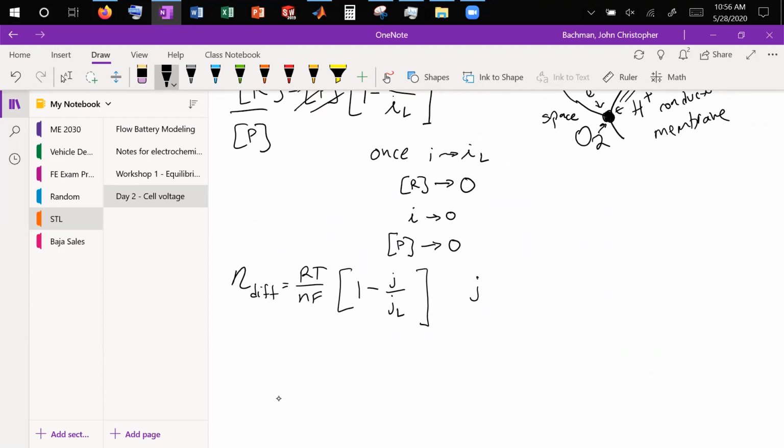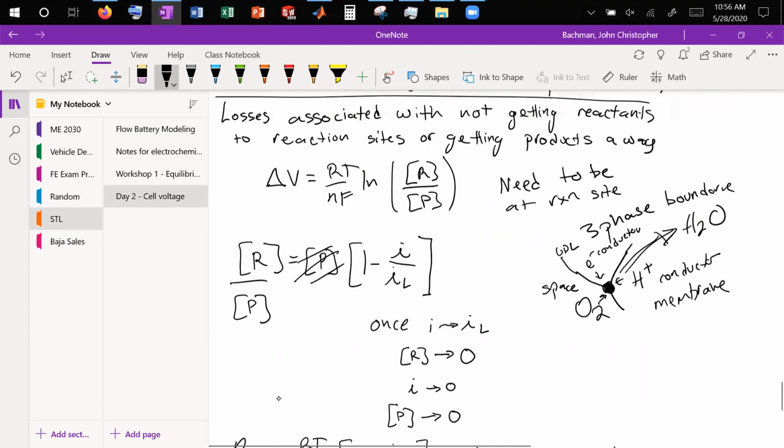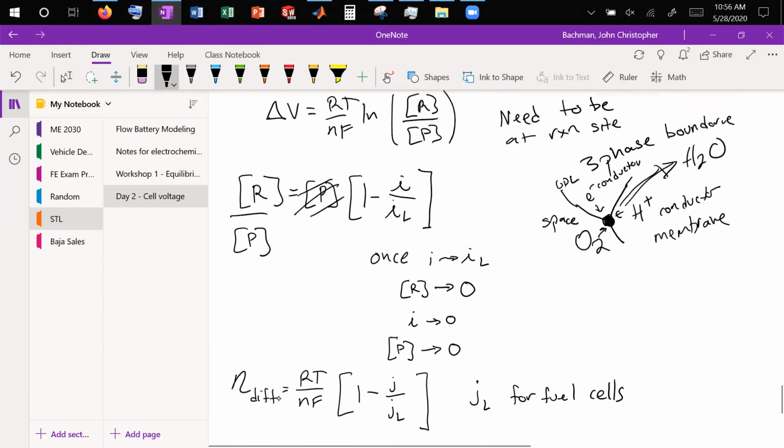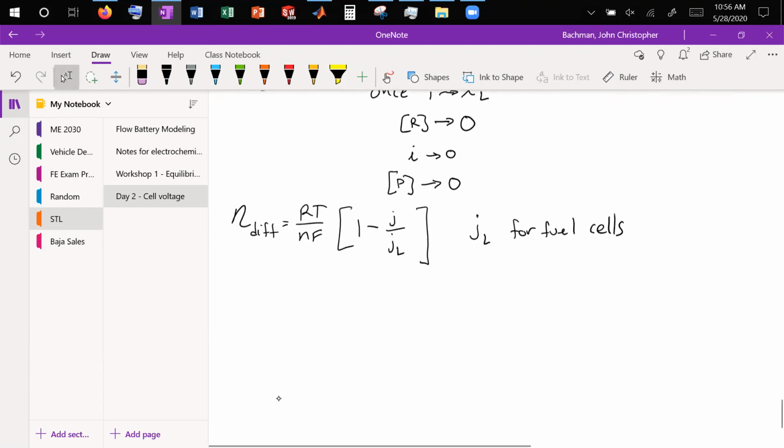J limiting for fuel cells is getting better and better, because you can usually engineer these. This is literally just about getting reactants there. For fuel cells, it's on the order of 2 to 3 amps per centimeter squared these days, right?